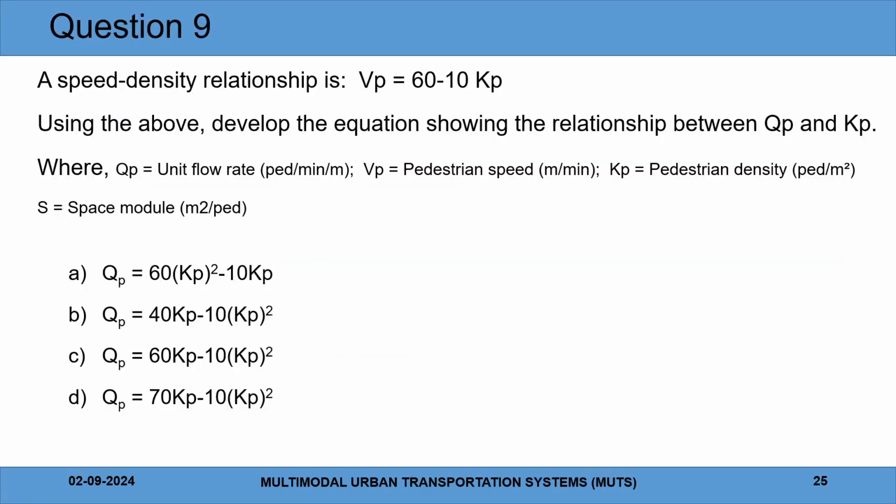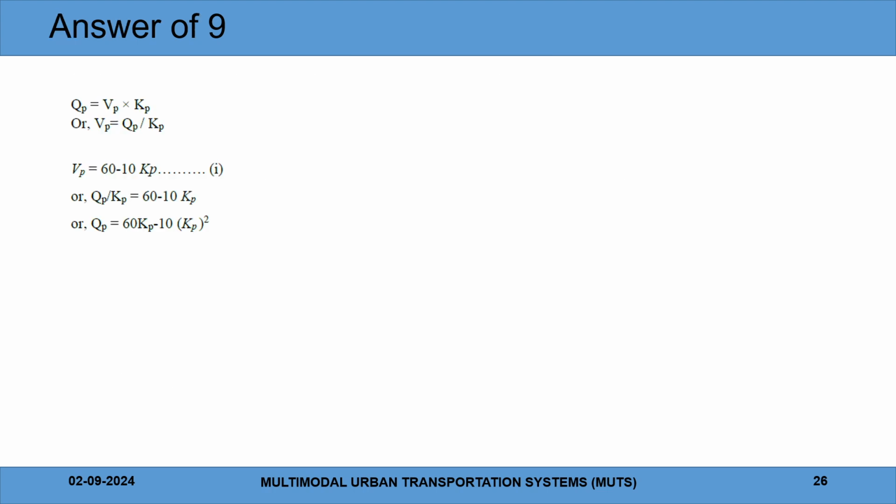Then there is one numerical where the speed density relationship is given as this one, and we need to find the relationship between qp and kp. So this is the main formula, q equal to kv or qp equal to vp into kp. It is similar to traffic engineering, where we generally read q equal to kv.